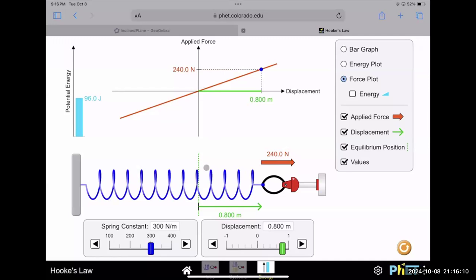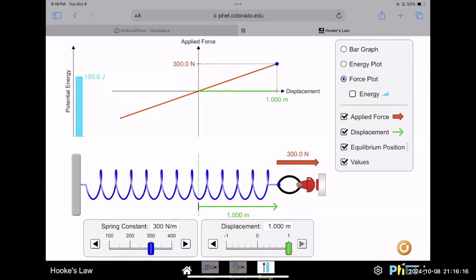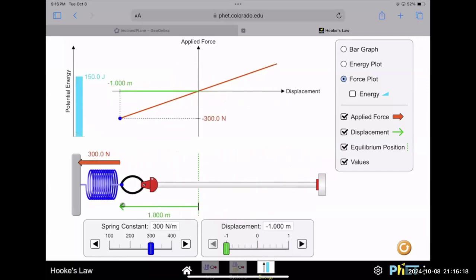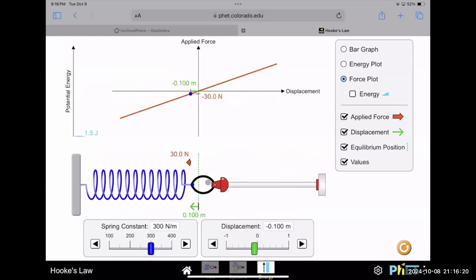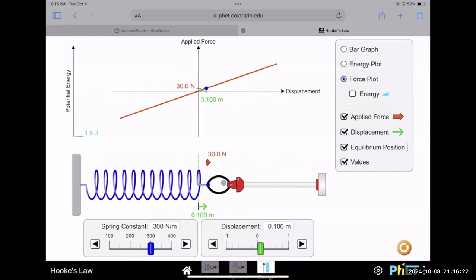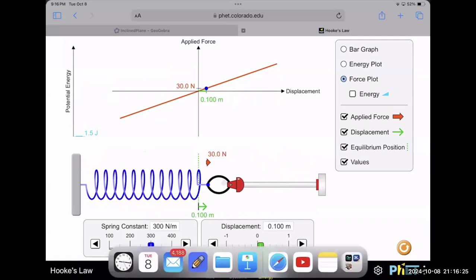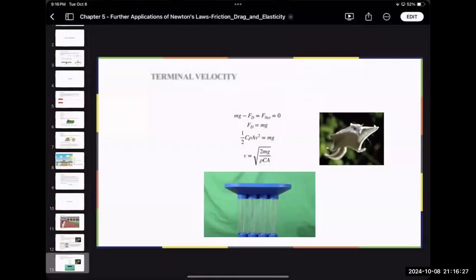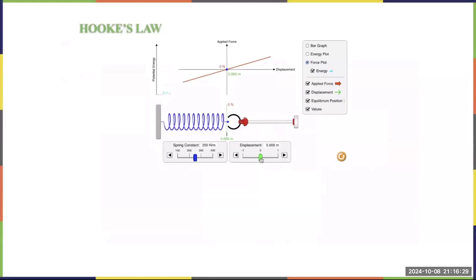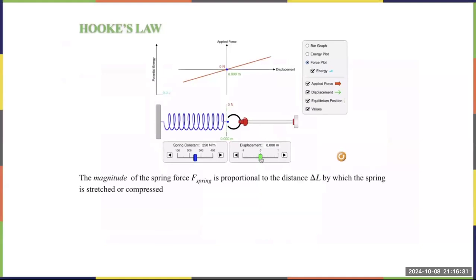Now these are the conditions where this spring is still maintaining its position, able to go back and forth, right? But in a real situation, if we keep on stretching our spring, we will break it as well.